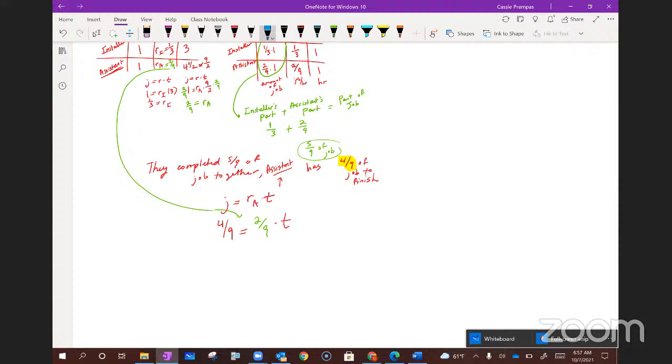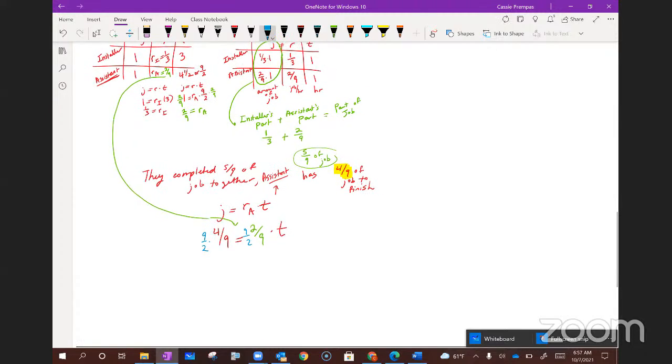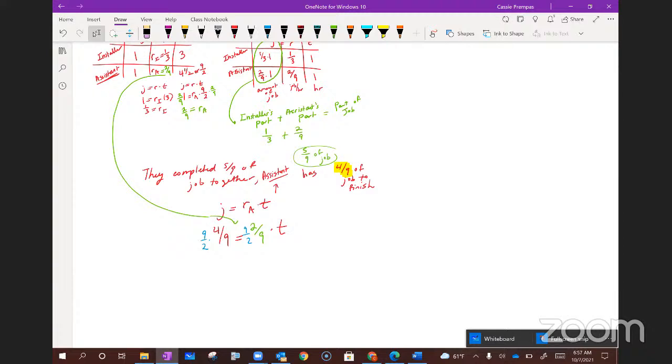Now to solve, I know to multiply by the reciprocal, so I'm going to multiply both sides by 9/2. They have 4/9 of the job. And so if he has 4/9 of the job to finish and he can complete 2/9 of the job per hour, then the time he would take to finish would be 4 divided by 2, which is 2.